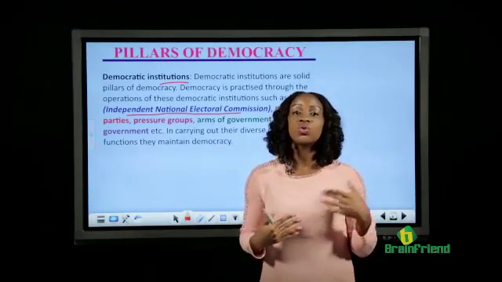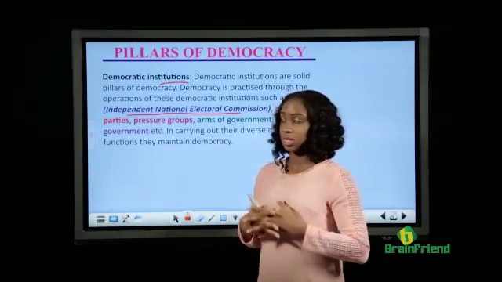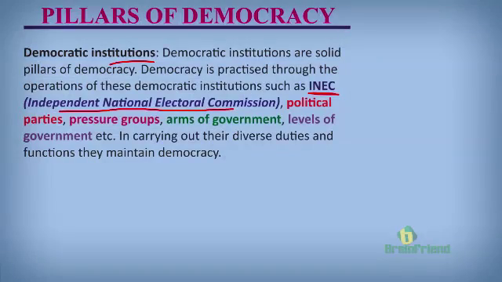They are the ones who organize and conduct elections in the country. Another democratic institution is the political parties. They also help to promote democracy in the sense that people have the liberty to belong to any party they want, and through those parties, they choose the leader that they want for themselves.